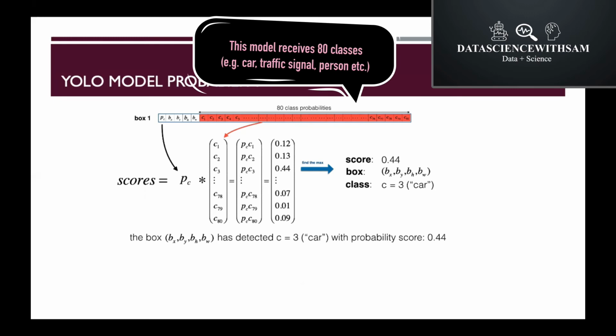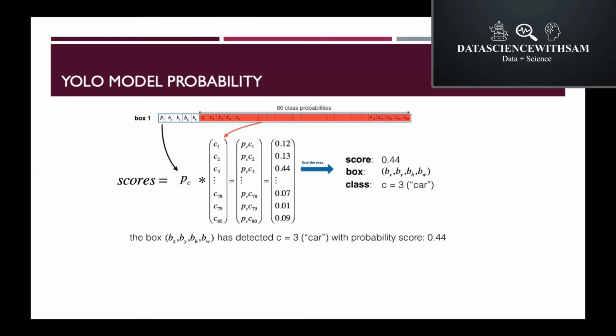Once we get the probability measure from each bounding box, the YOLO model tries to determine the accurate class. It takes the PC, the probability measure from each bounding box, and performs an element-wise product with the list of different classes. After it performs the element-wise product for each class, the computer provides an output of the final probability score. For class C1 the probability score is 0.12, for C2 0.13, for C3 0.44.